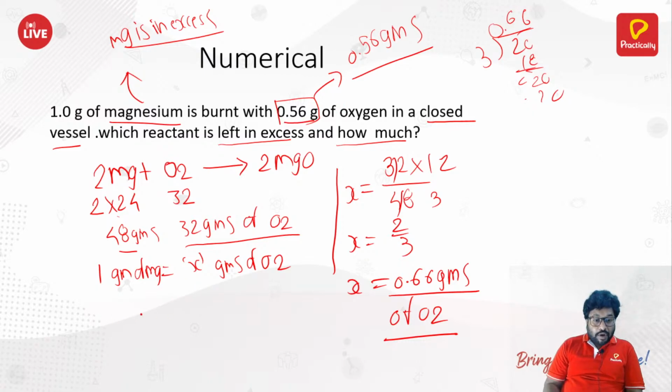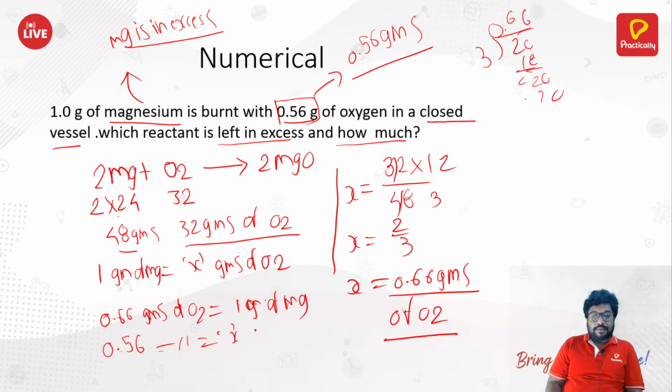So if 0.66 grams of oxygen requires 1 gram of magnesium, then 0.56 grams of oxygen will require how many grams of magnesium? It will surely be less than 1 gram. We know that if 0.66 grams requires 1 gram of magnesium, obviously 0.56 grams of oxygen will require less magnesium, right?